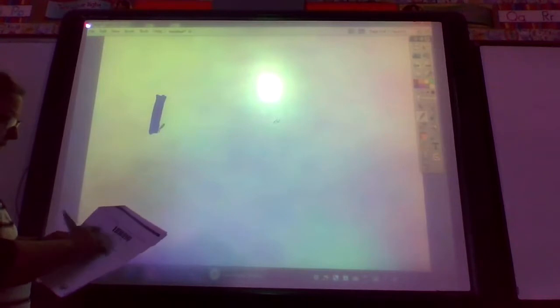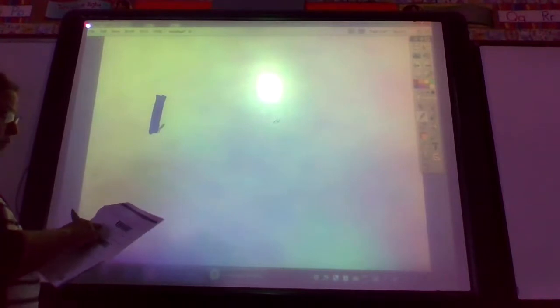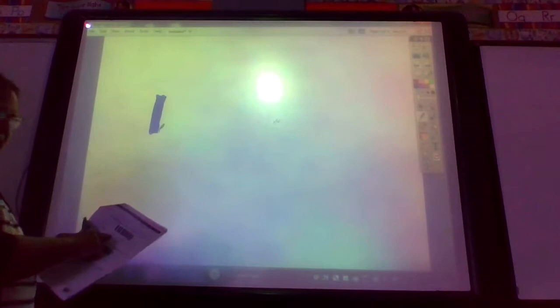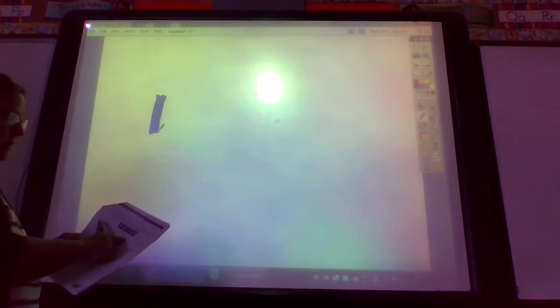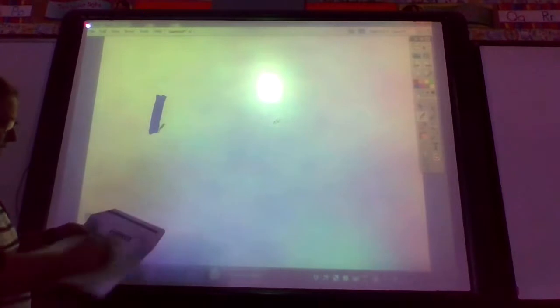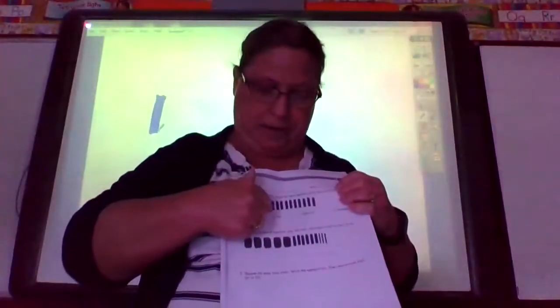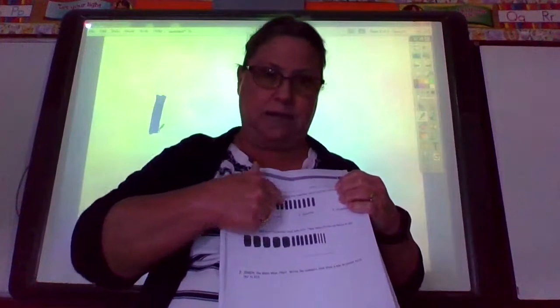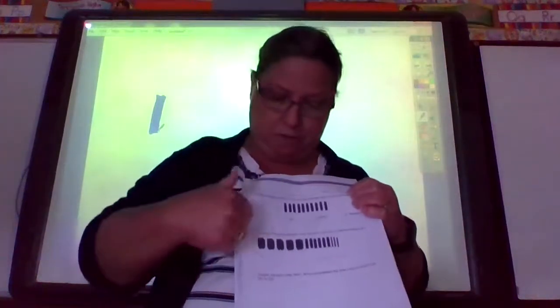They want you to count by tens and then circle. Is it 1? Is there 10? Is there 100? Or is there 1,000? So you need to count by tens. 10, 20, and go all the way up and circle which number you get.